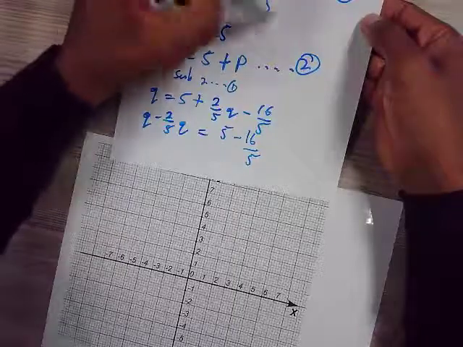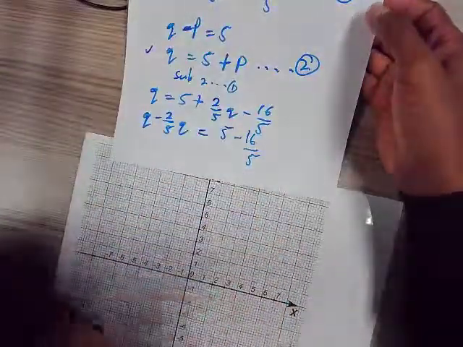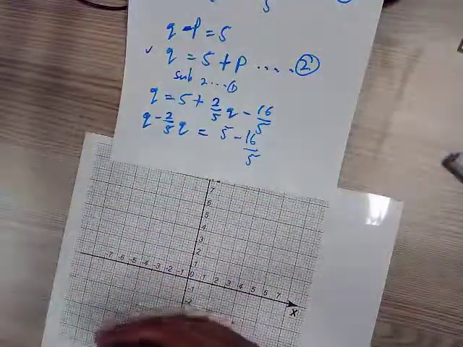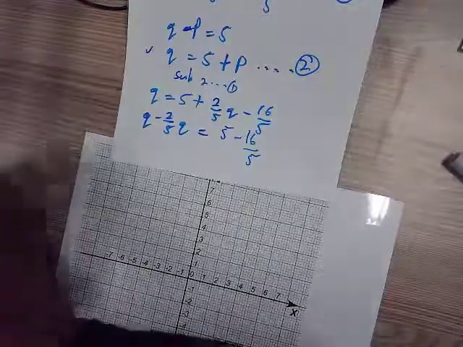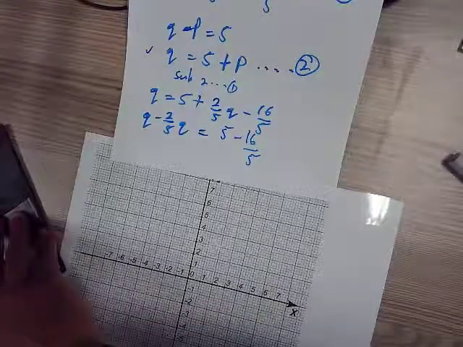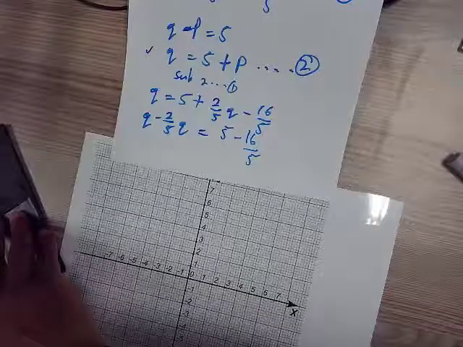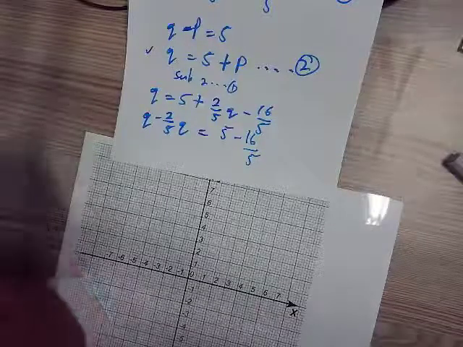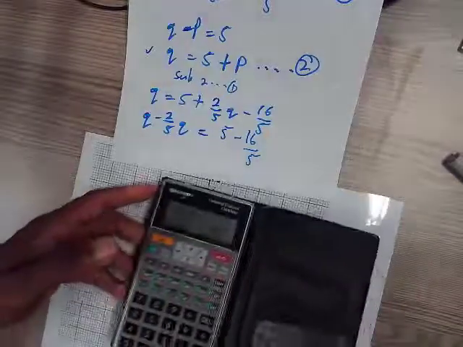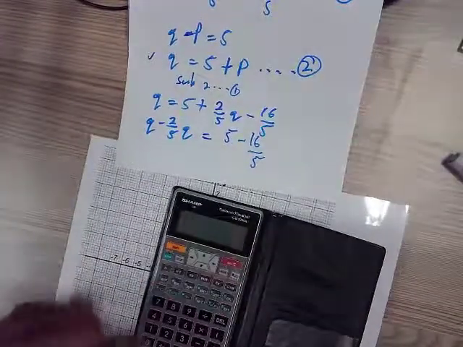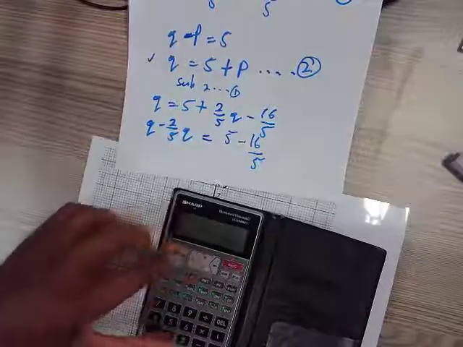The only way to quantify it is using a calculator. So with a calculator, I'm going to say 16 divided by 5, which is 3.2. 16 divided by 5 is 3.2.